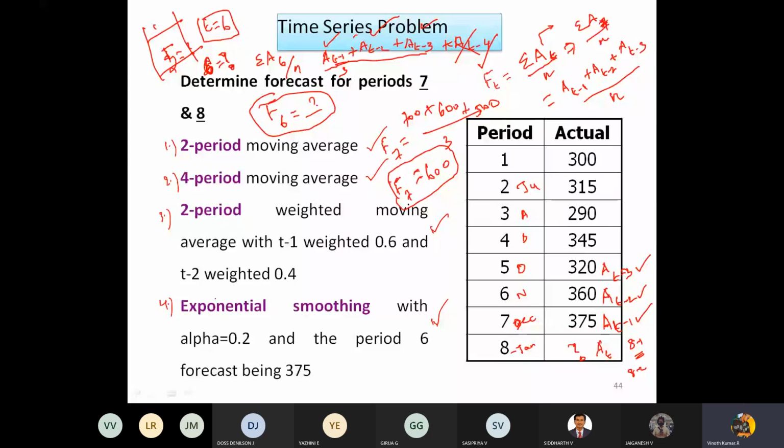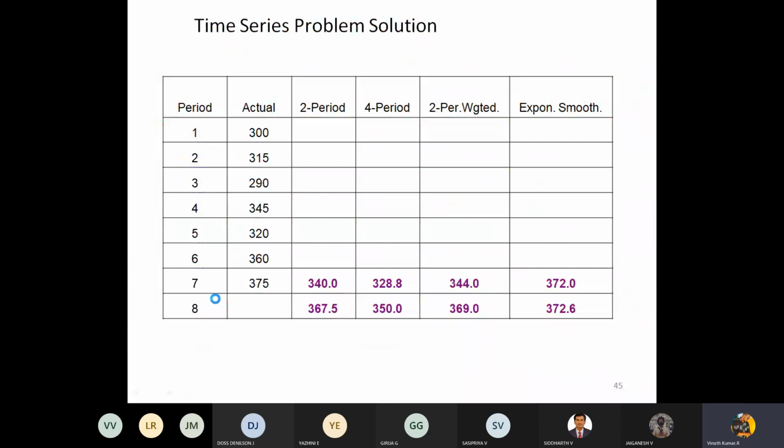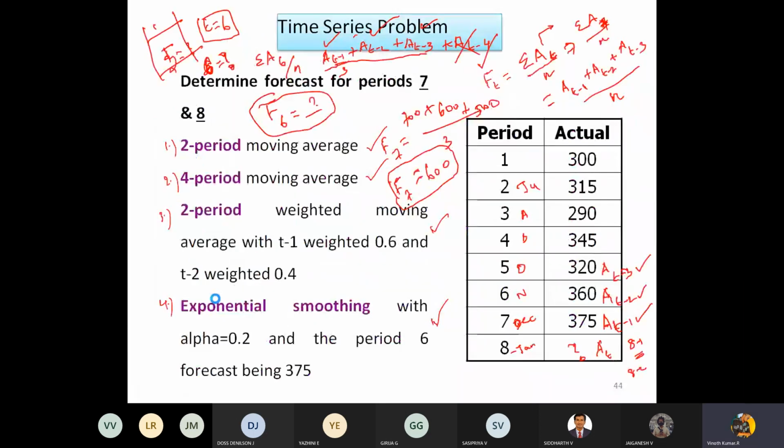weighted twice as heavily as each of the previous 2 periods demand, right?